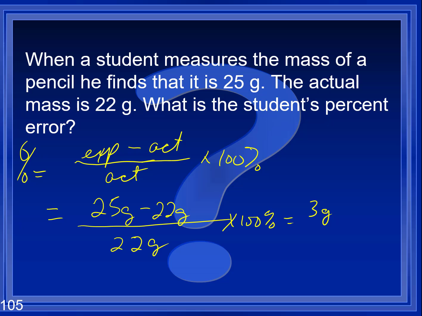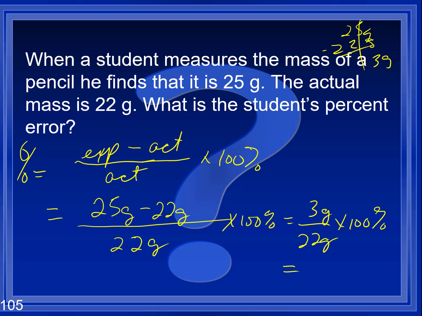That's the right sig figs, because 25 grams minus 22 grams is 3 grams, and they're both at the ones place. Divided by the 22 grams times 100%. 3 divided by 22 times 100. Calculator fills up with numbers.